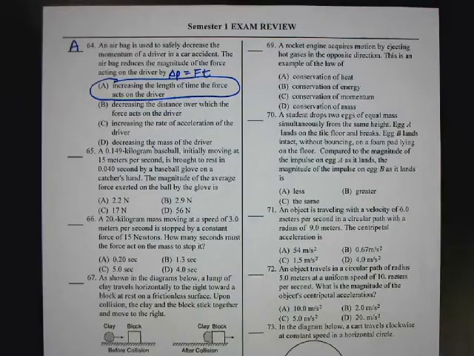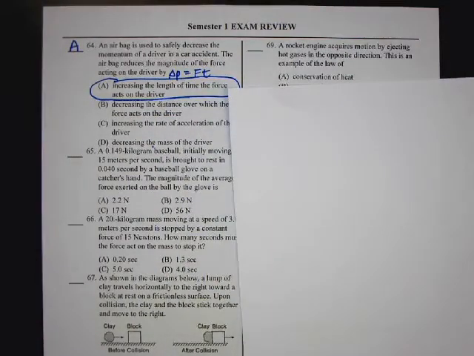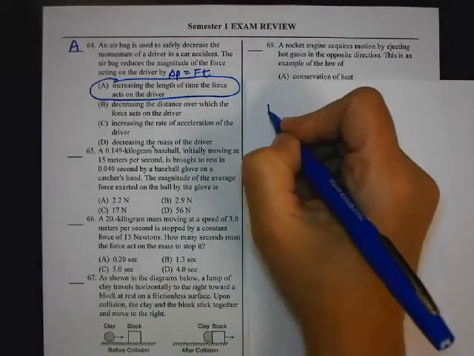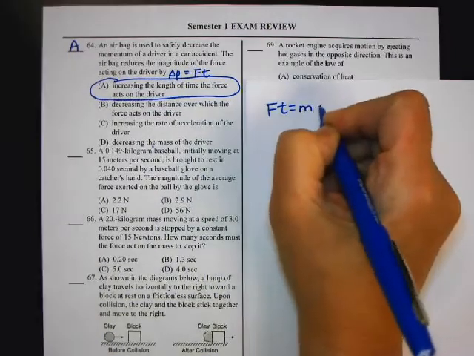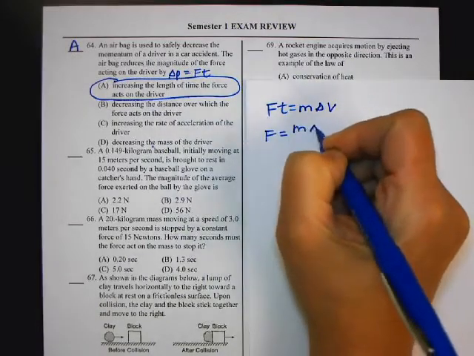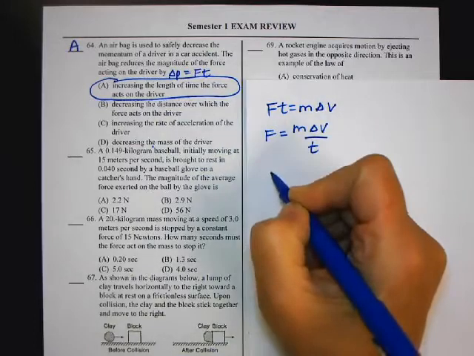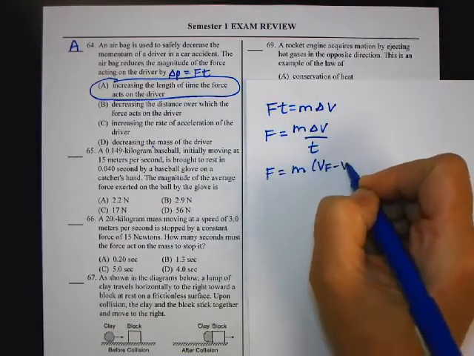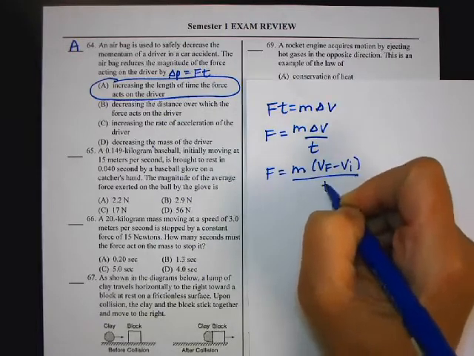So this is the impulse momentum theorem. And this one I have to calculate, so I'm going to take a nice piece of paper here and put it next to here. So I know that Ft is equal to m delta V. So F is equal to m delta V over T. So F is equal to m (Vf minus Vi) over T.